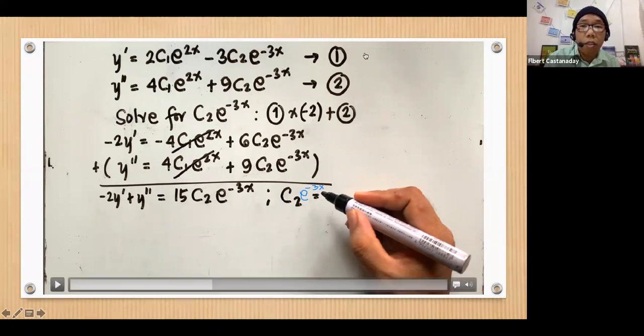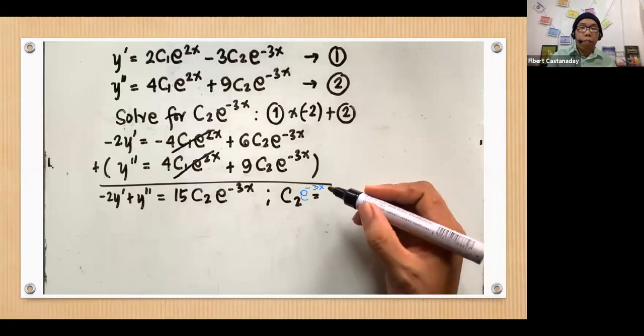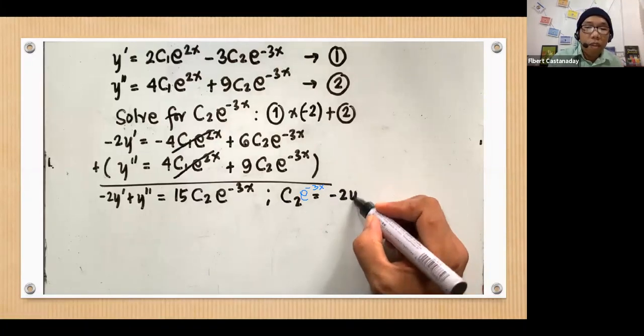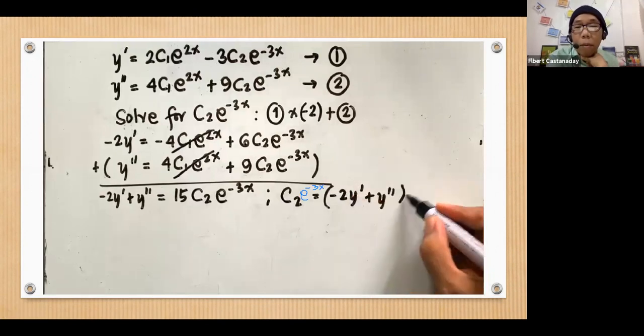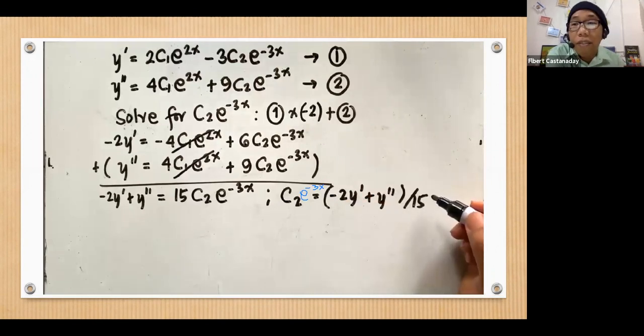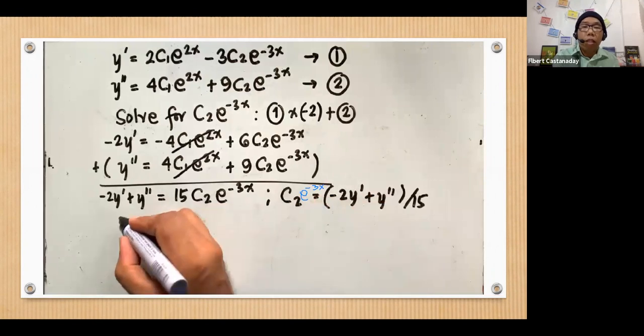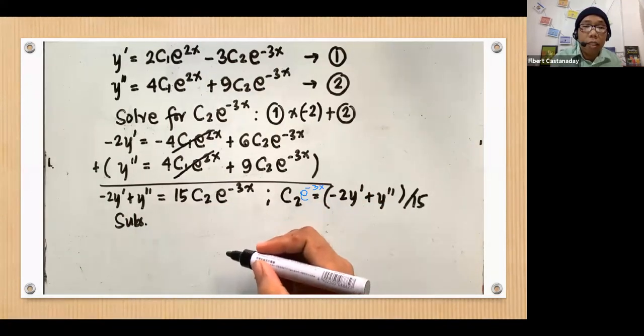Now let's continue. We divide both sides by 15. That's why we have minus 2y prime plus y double prime all over 15. So this is now the value of c sub 2 e raised to negative 3x.